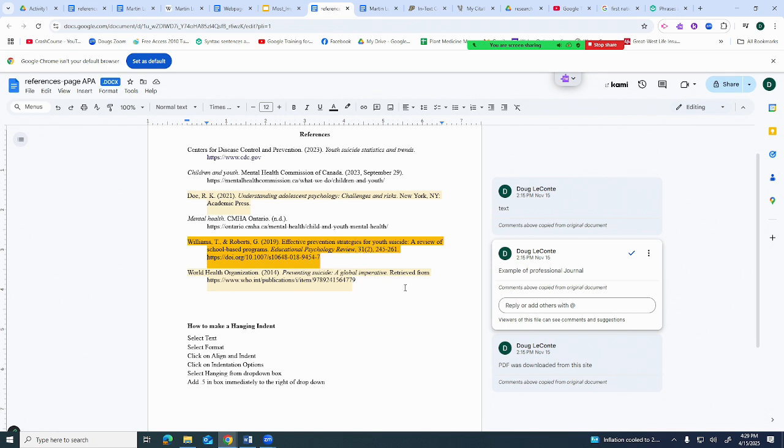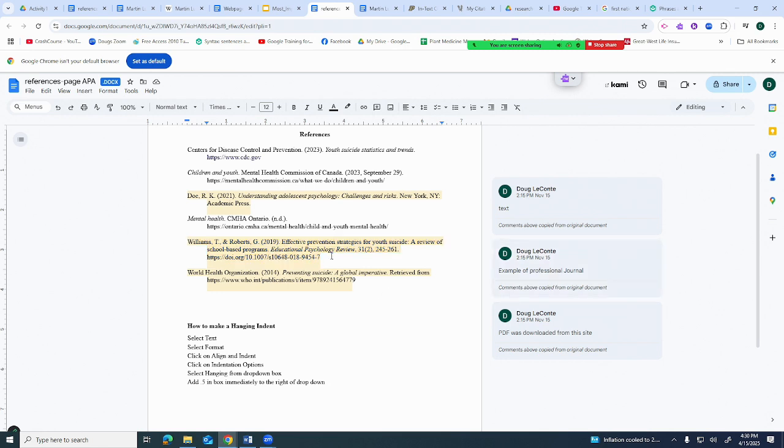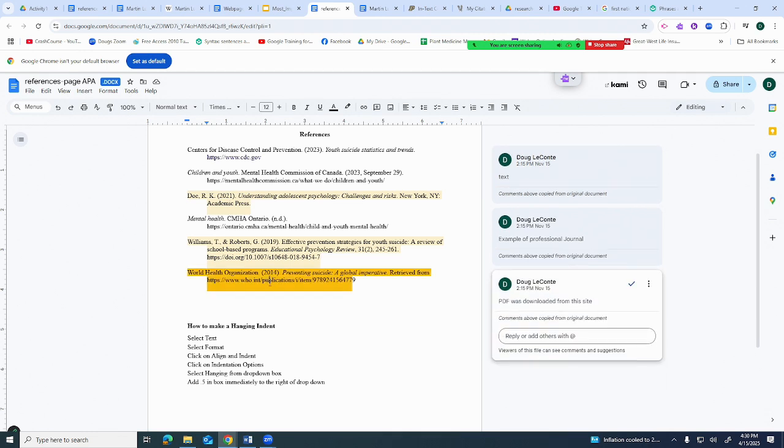Generally, you can't find these from regular internet searches, but if you go on to college or university, you'll have access to some of these professional journals, right? This is what they are formatted like. And then this is a PDF that was downloaded from the World Health Organization, right?